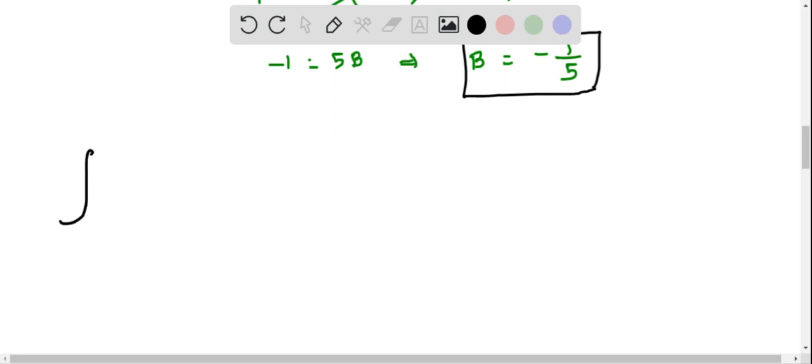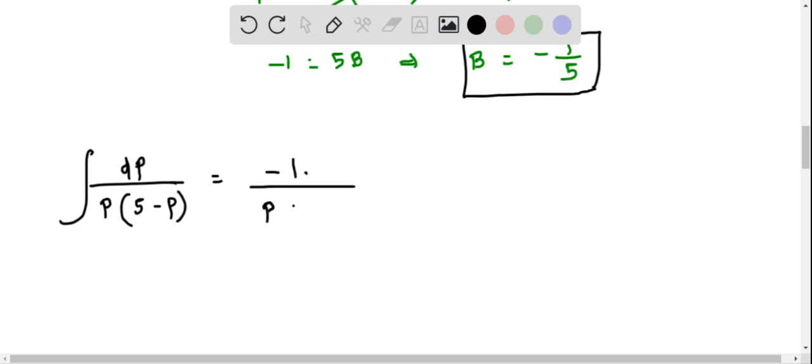On the left side of the integral, we have dp divided by p times (5 minus p). And this we have written as negative 1 times negative 1 divided by p times (p minus 5) dp. This is an integral.